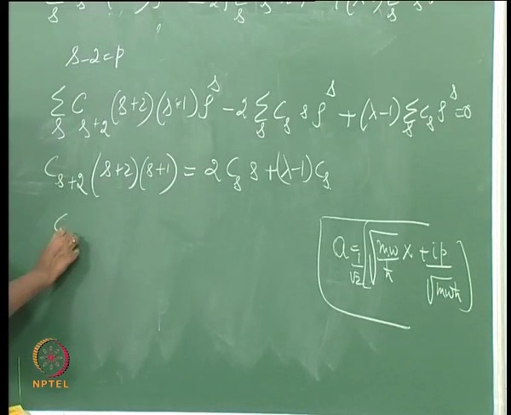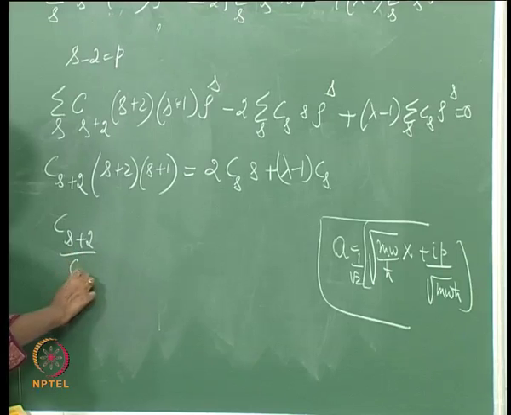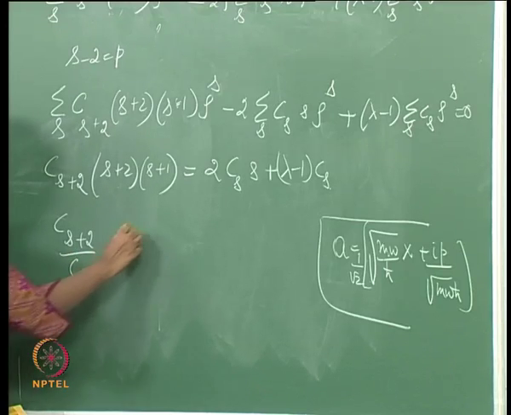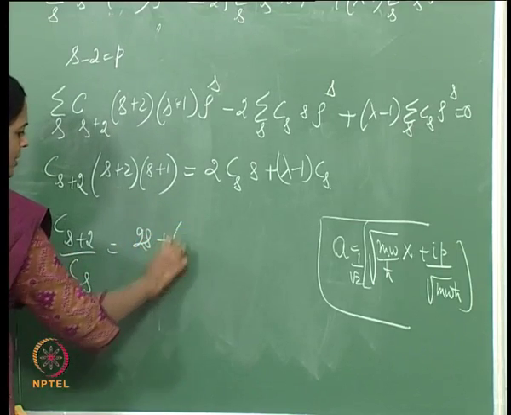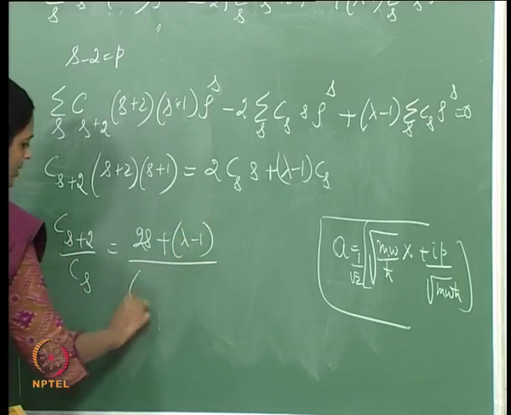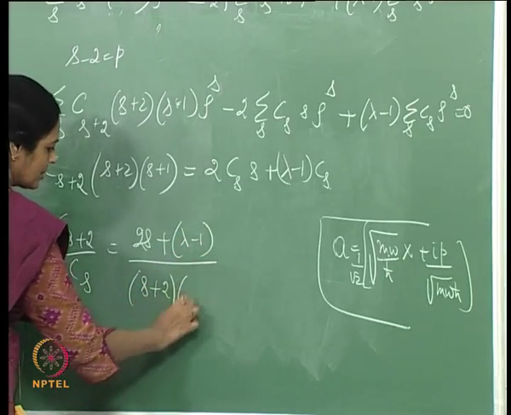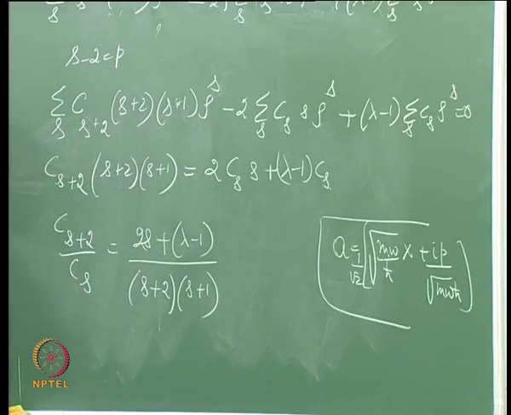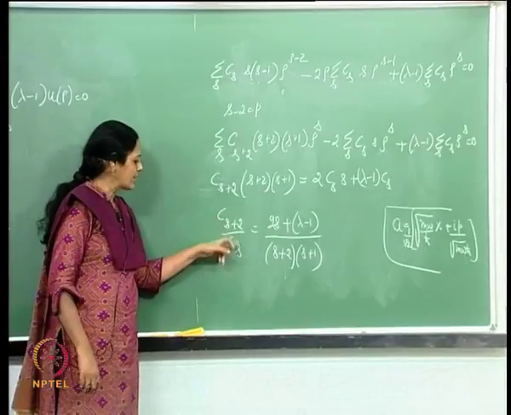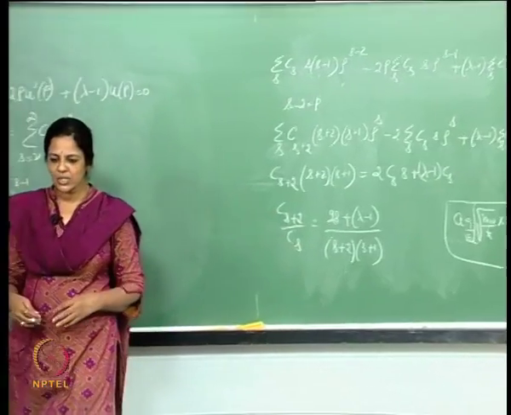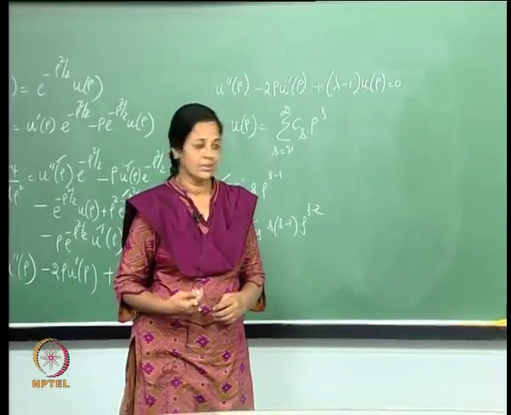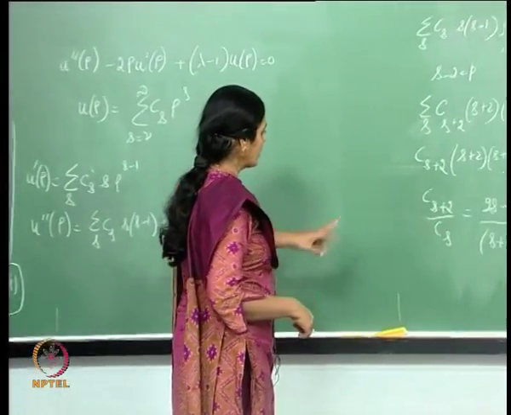Therefore, C(s+2) by Cs is 2s plus lambda minus 1 divided by s plus 2 times s plus 1. Now this is a good thing to know because we are interested in what happens for large values of s. The asymptotic behavior is going to be dictated by this ratio, and one wants to see if the series converges at all. So let us look at this ratio.